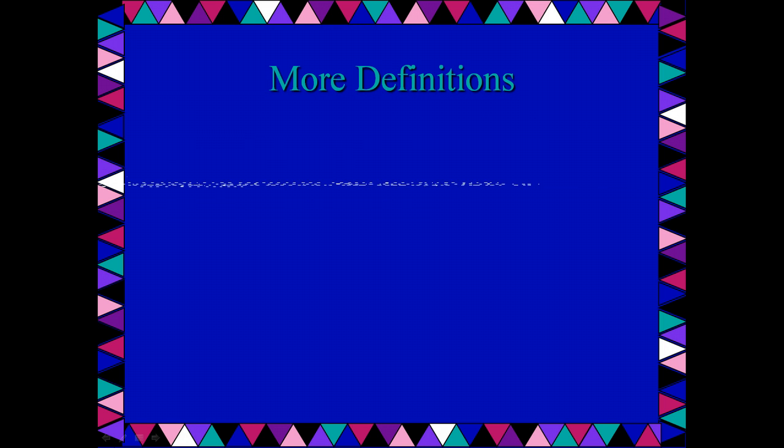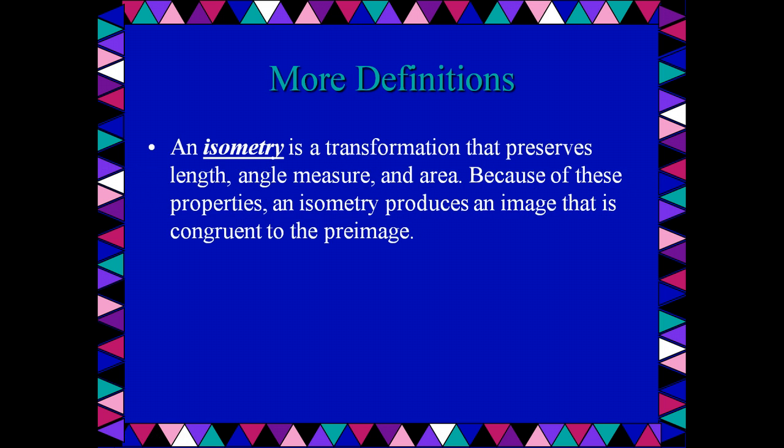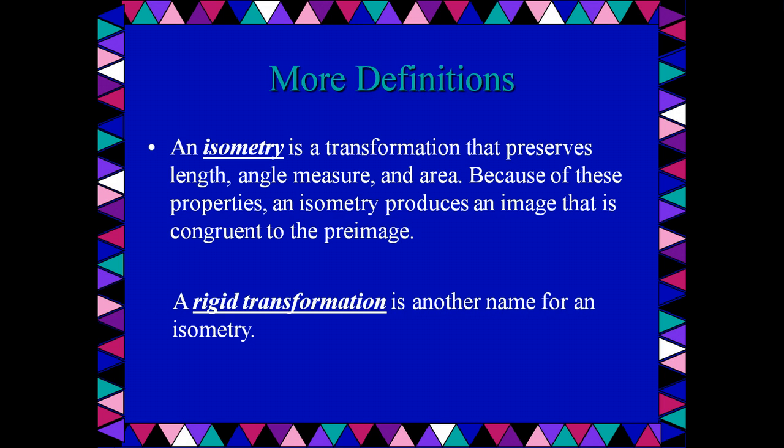Some more definitions. An isometry is a transformation that preserves length, angle measure, and area. Because of these properties, an isometry produces an image that is congruent to the pre-image. Remember, the pre-image is the original one. The image is your A prime, B prime, C prime.